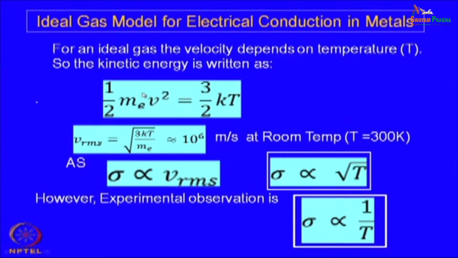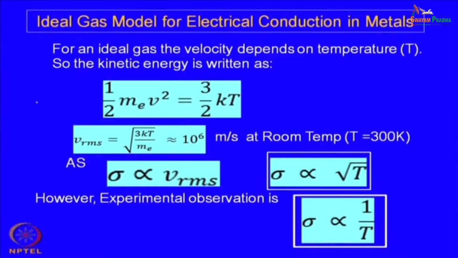The same thing has been written here for the electrons, where m e is the electronic mass. So, from this, V rms is nothing but root of 3 k T by m e.